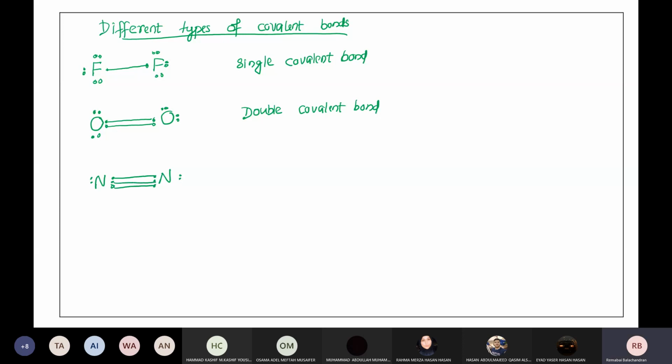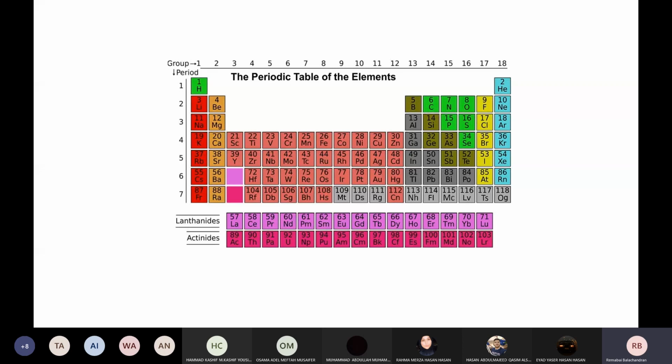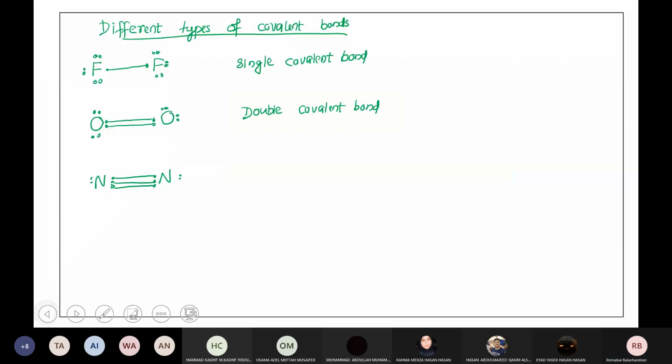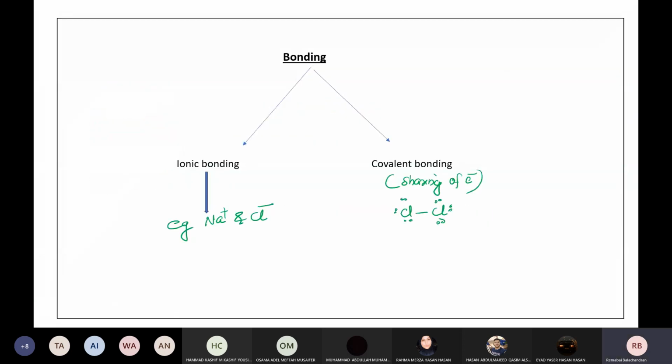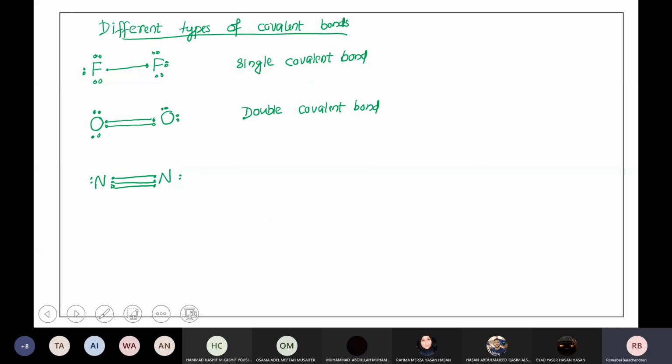This results in what type of bond? Triple bond. So we have single bond, double bond, and triple bond. All of them are covalent bonds.